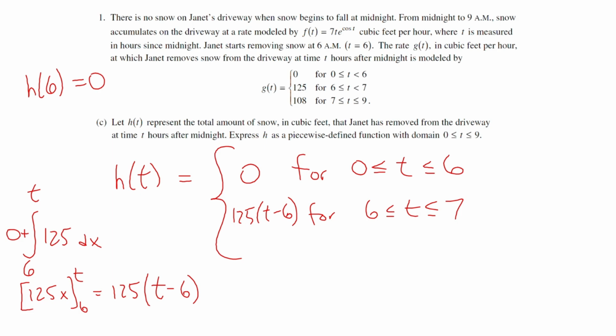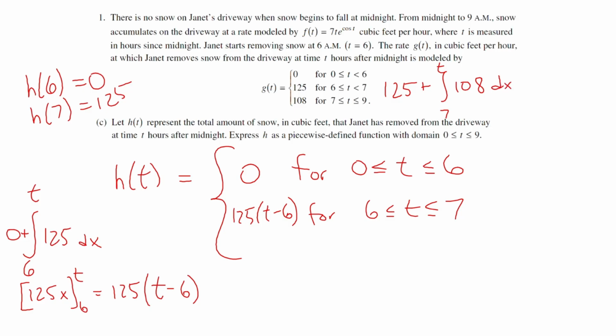So we can see that if we plug in 7 to this, we get h of 7 is equal to 125, right? That's our initial amount there at 7. And so from 7 to 9, we want to do 125 plus the integral from 7 to t of 108 dx.